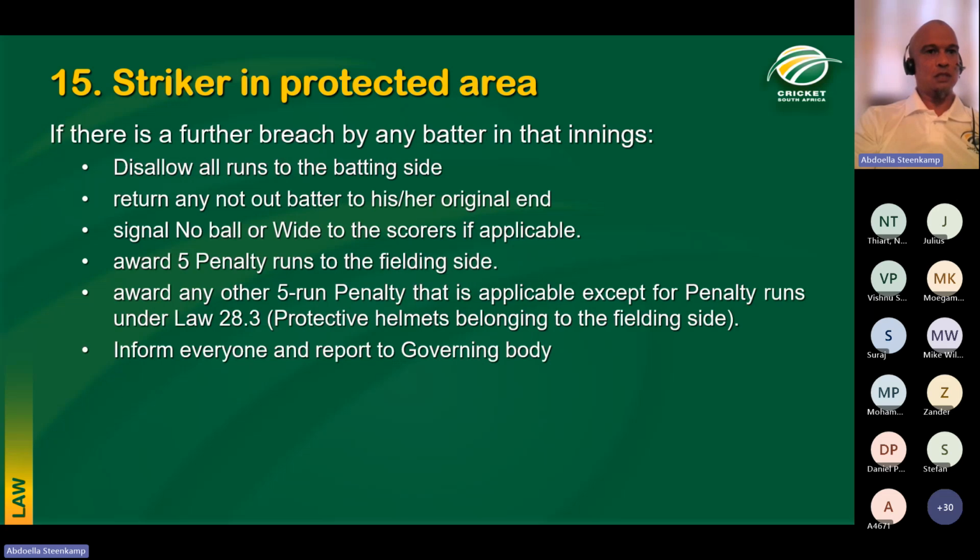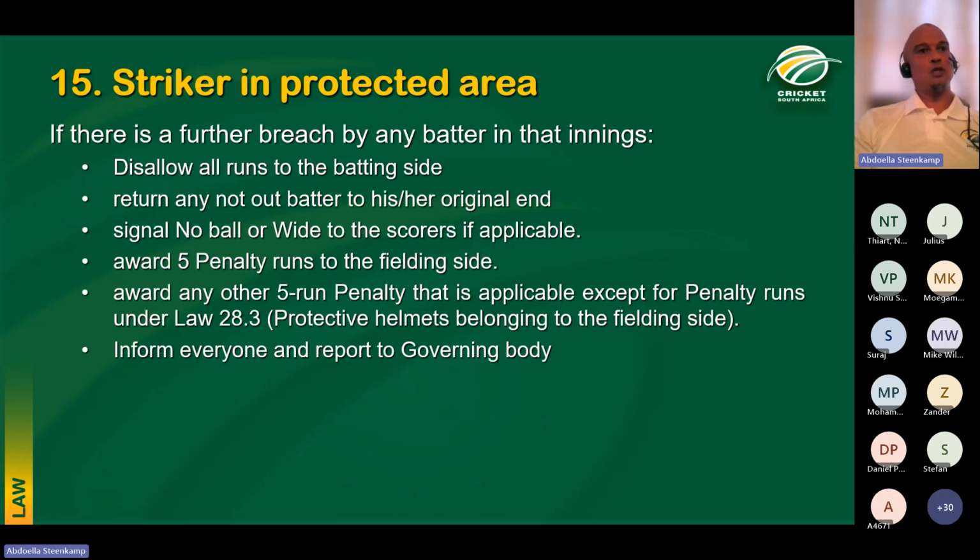Why would I be a bit stricter? Because now bowlers can try, and especially if they have spinners in their side, they can try to rough up that protected area to bring their spinners into the game. So the point I'm trying to make is the match situation dictates how strict you are in handling bowlers running in the protected area.